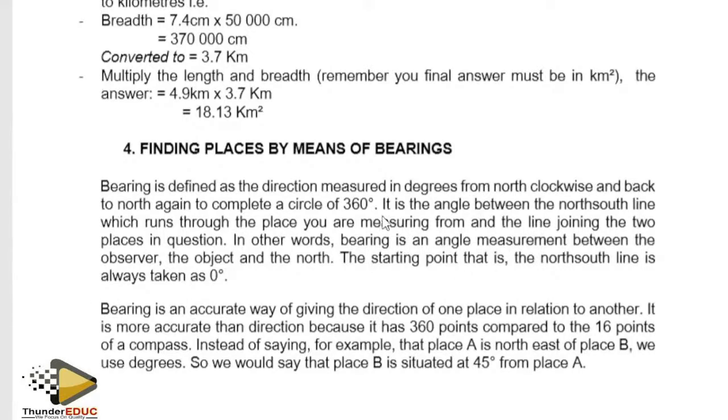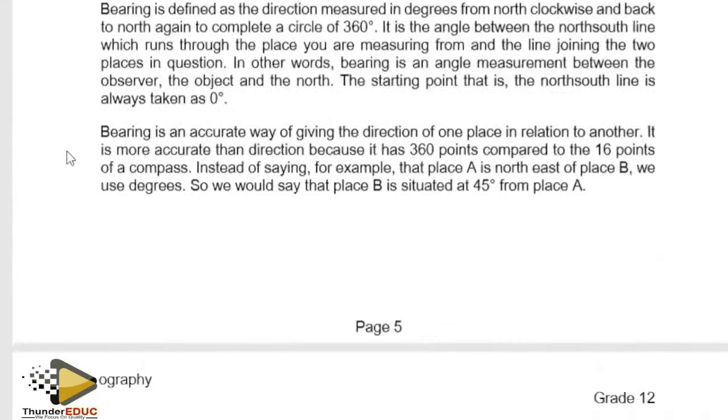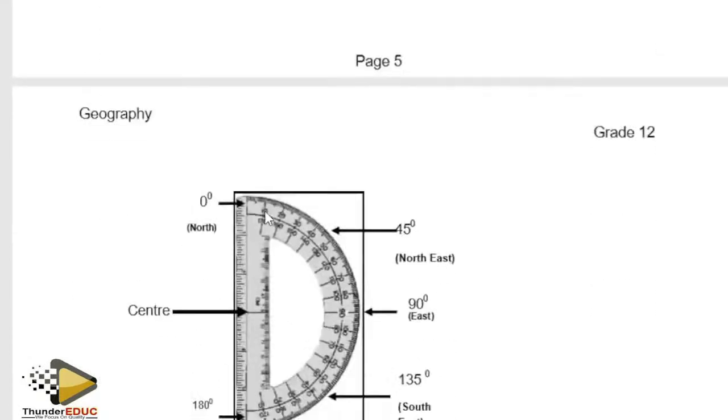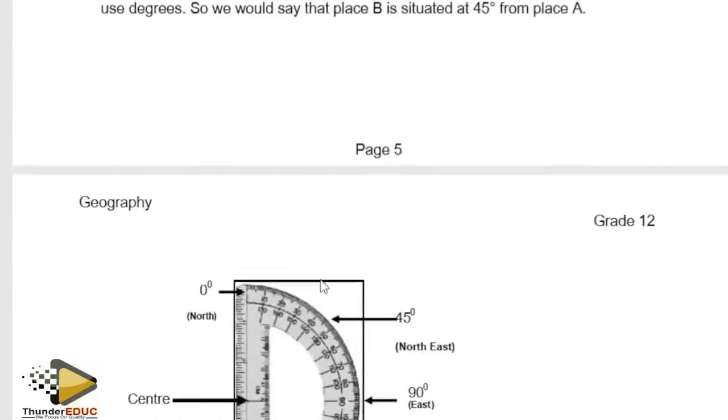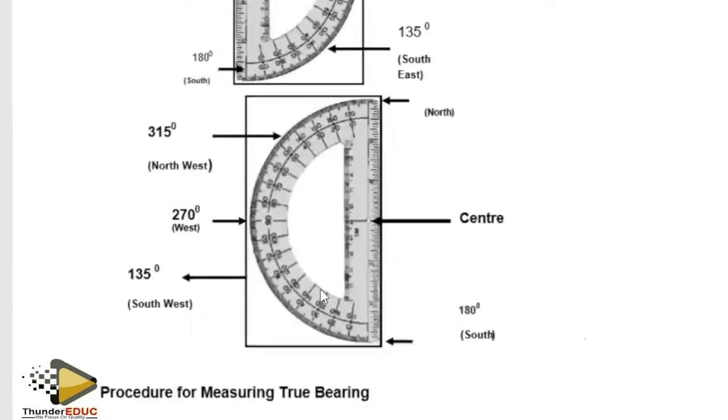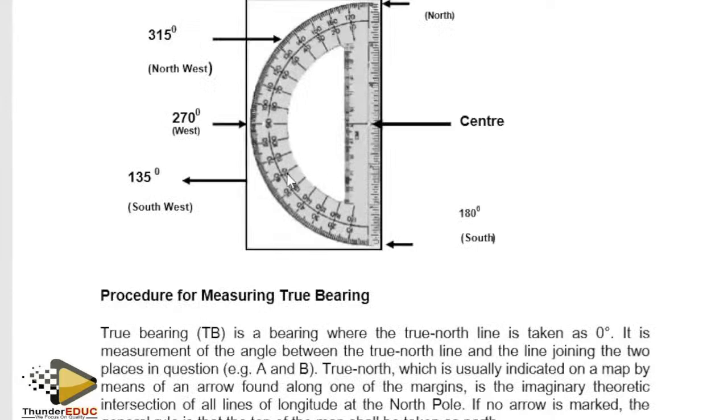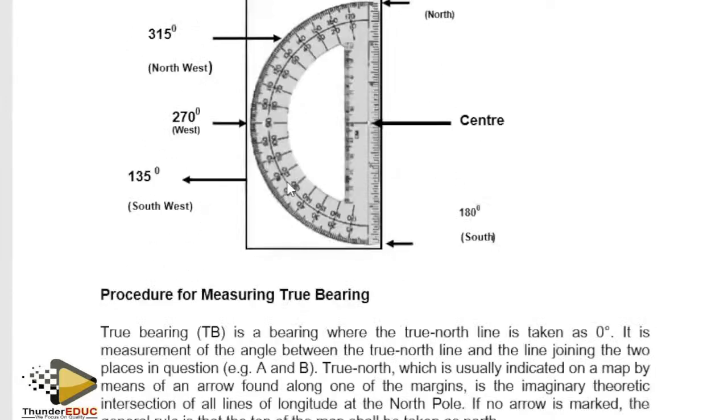Now, when you are dealing with this true bearing or dealing with angles, what do we do? You need this instrument, this one here, which is known as a protractor.